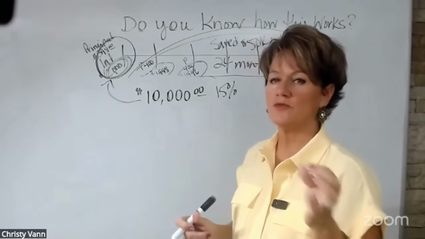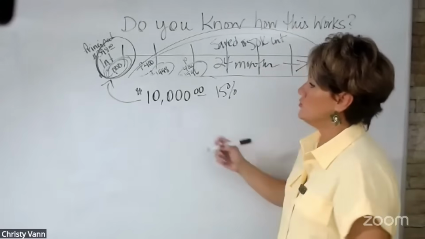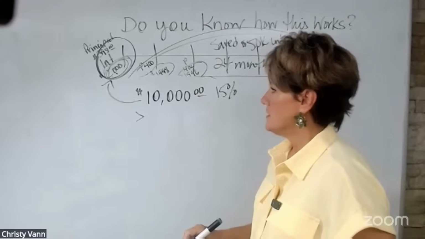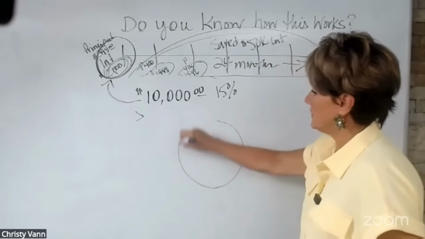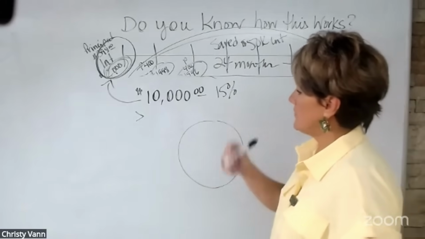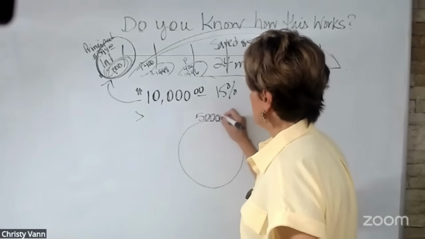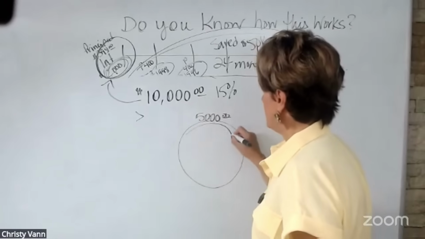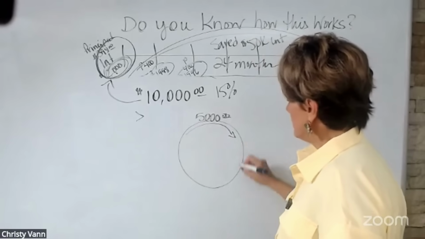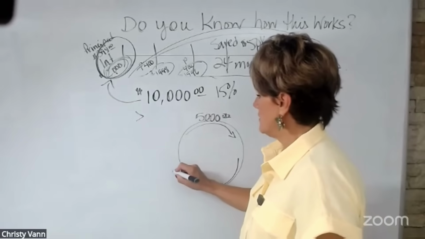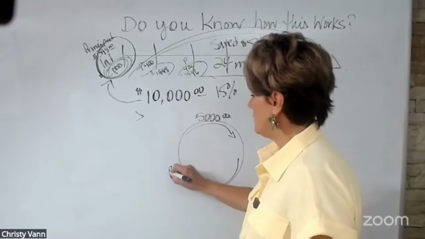Depending upon what you make, you would put that income into this line, okay? So remember, these are revolving. If I make $5,000 a month and I put $5,000 into this line, then when it's time to pay my house payment, I would pay the payment here.